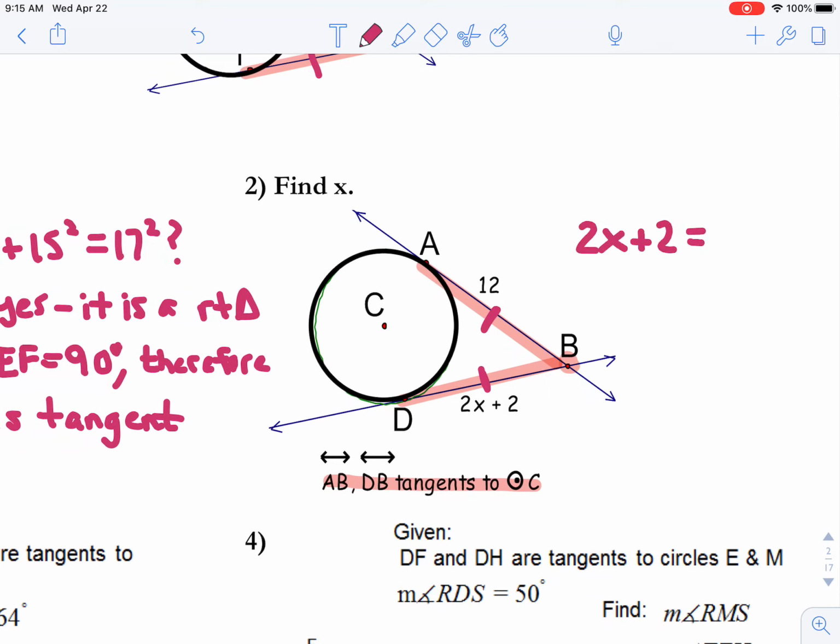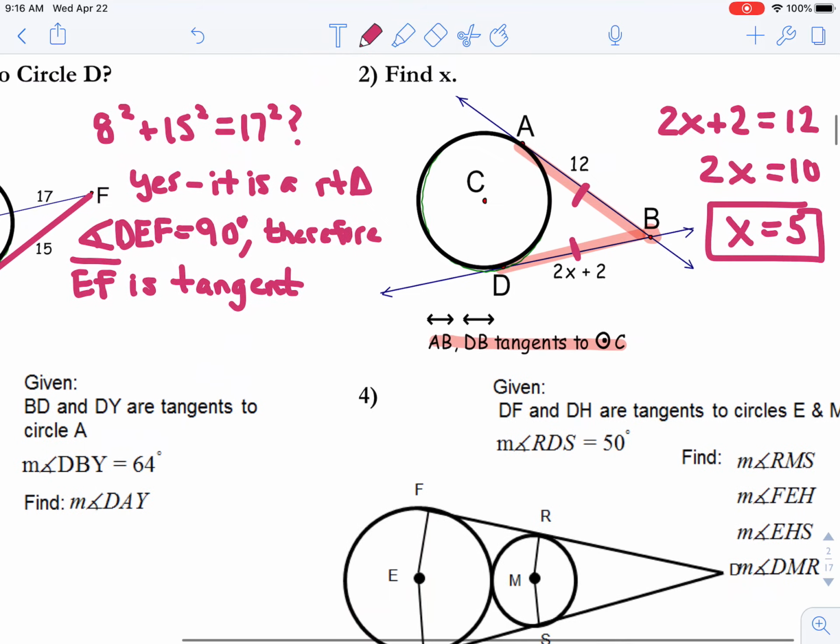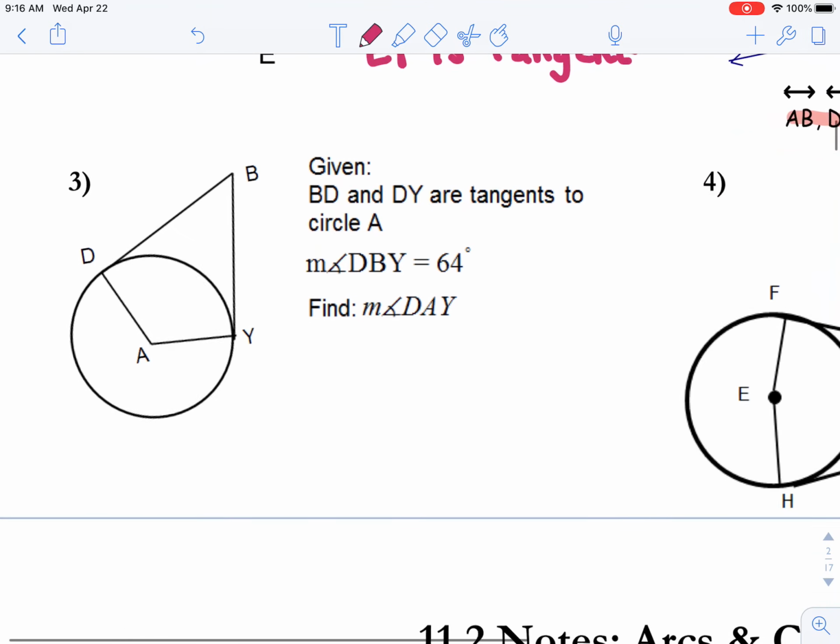So all I need to do is set 2x plus 2 equals 12. Do a little solving, subtract the 2 over, 2x equals 10, and divide to find x is 5. So again, we're just using the theorems that we learned above.